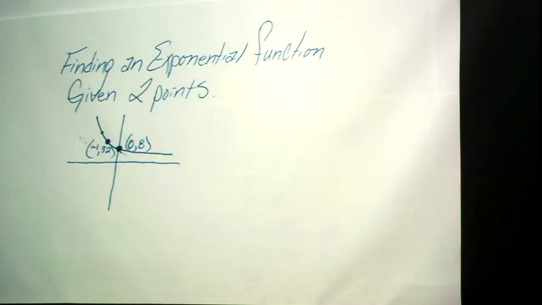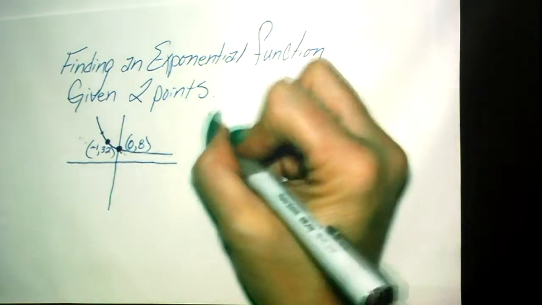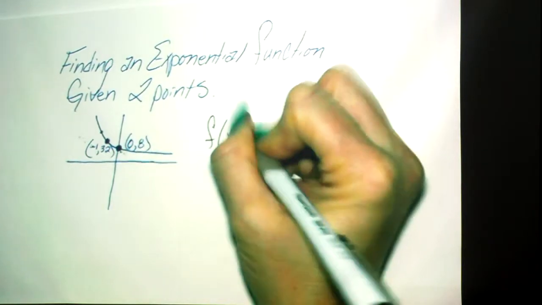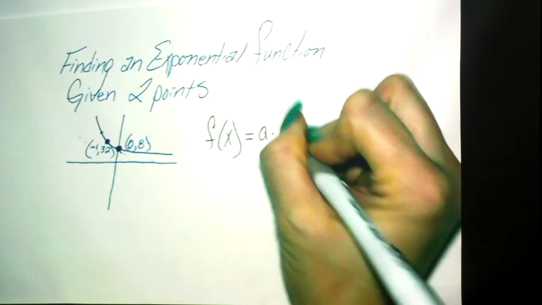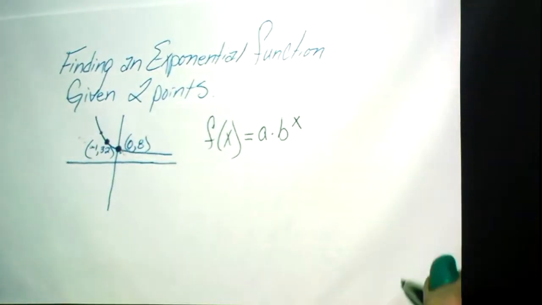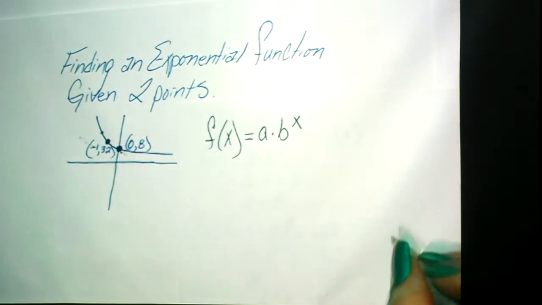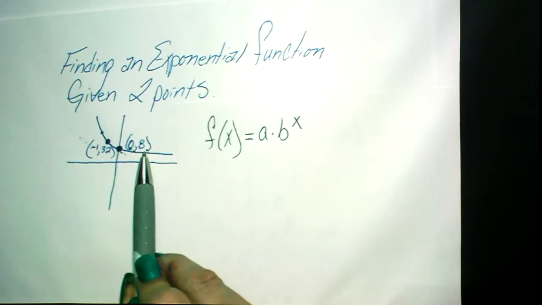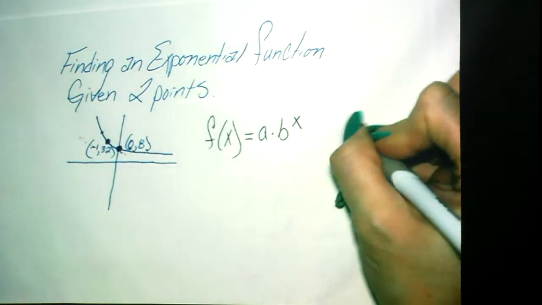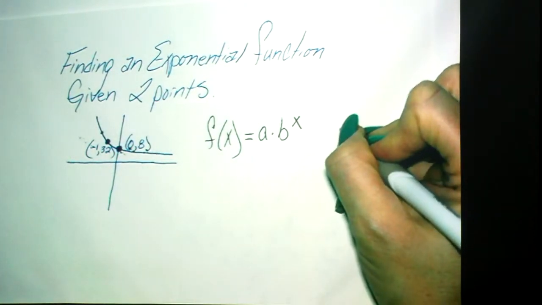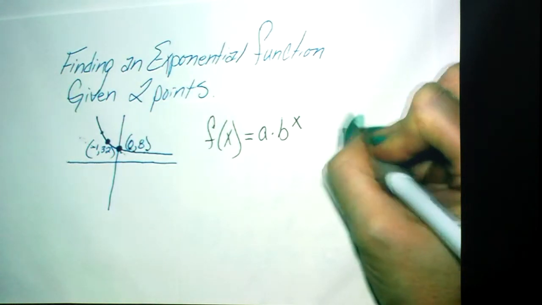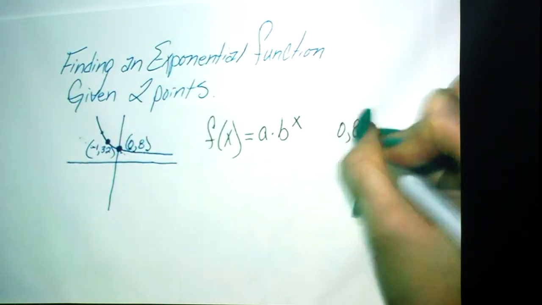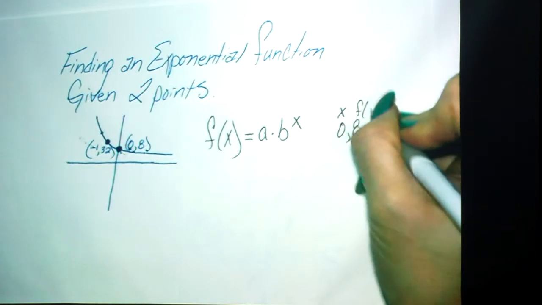Alright. So, my generic function is f of x is equal to a times b raised to the x. So I'm going to use this 0 point here, because I know that it's going to give me my a value, but I'll plug it in, and this way you will see how you get the a value. Okay, so 0, 8, this is my x, this is my f of x.